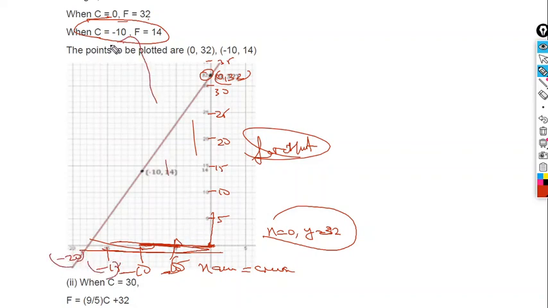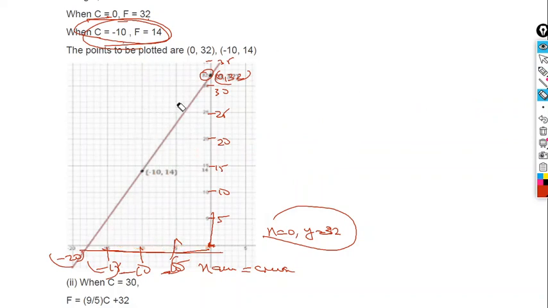Now minus 10 and, we'll erase all these things. Now we have to find the point minus 10 and 14. So you can see minus 5, minus 10.